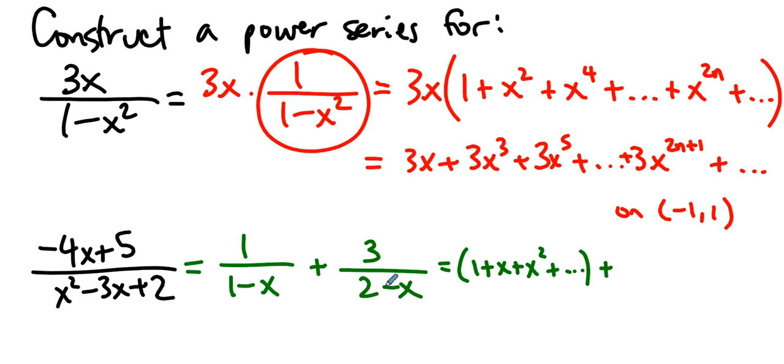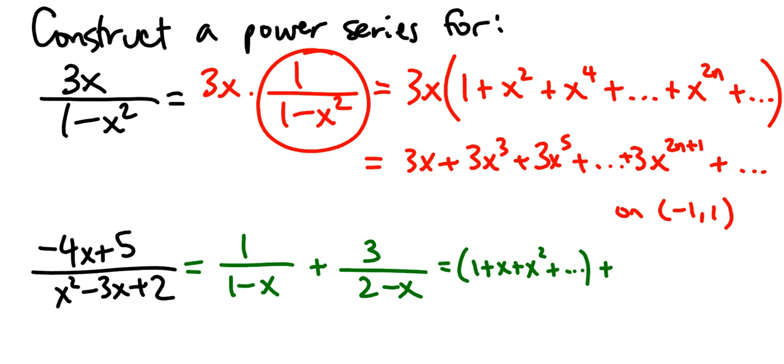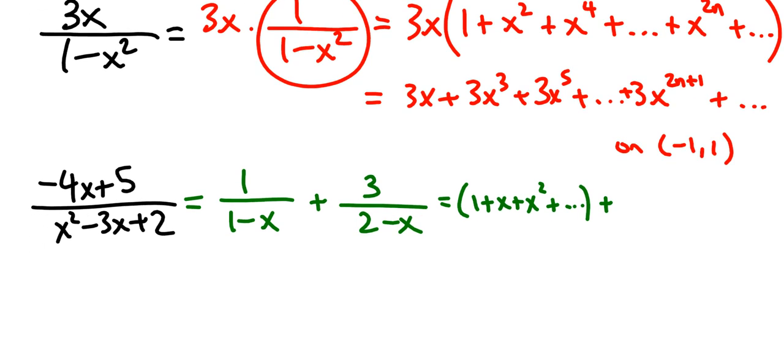It's this one that's the doozy, because our solid gold thing requires a 1 and a minus. So we've got to do something to make this a 1 minus. And the thing we do to make this a 1 minus is we just divide everybody by 2. We divide this by 2, we divide this by 2, we divide this by 2.